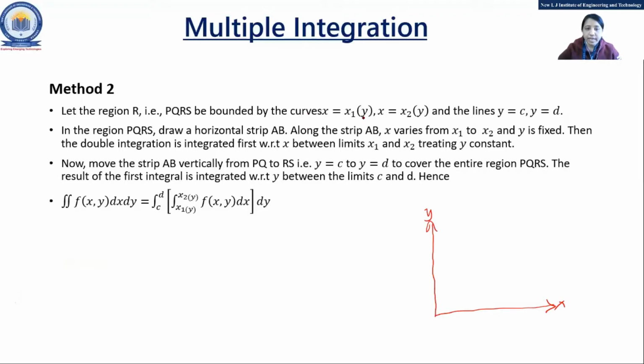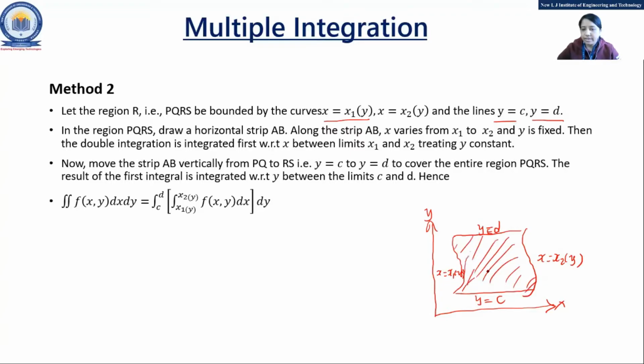Now I'll draw x equal to x1 of y. So it will be something like this. Another one is x equal to x2 of y. Now two lines are there, y equal to c and y equal to d. So I'll draw y equal to c and y equal to d. Fine. Now this is my region.